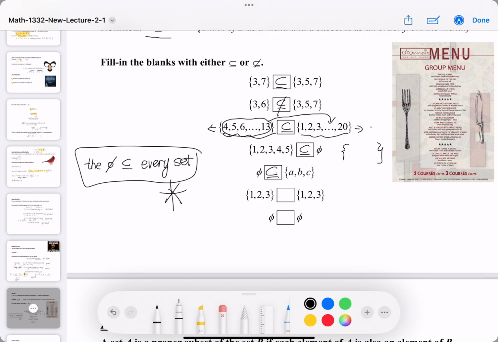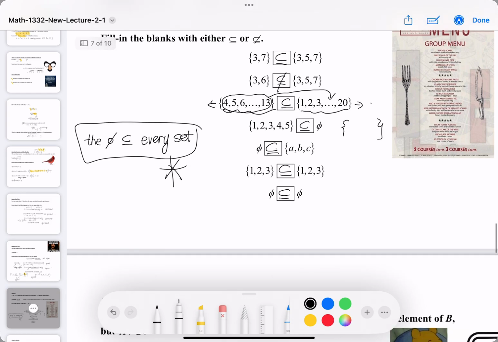Okay, next set, 1, 2, 3 is a subset of 1, 2, 3. Yes, it is, because the elements on the left are also the elements on the right. How about phi and phi? They are both the empty set. So phi is a subset of the empty set phi.